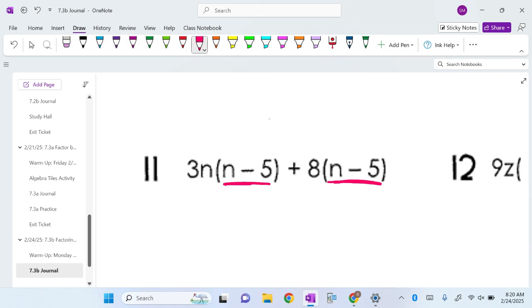Remember, bring one of the bubbles down. So you know one of your factors is going to be n minus 5, because we brought one of the bubbles down. What would the other factor be? 3n plus 8. You bring the other two monomials into their own bubble.